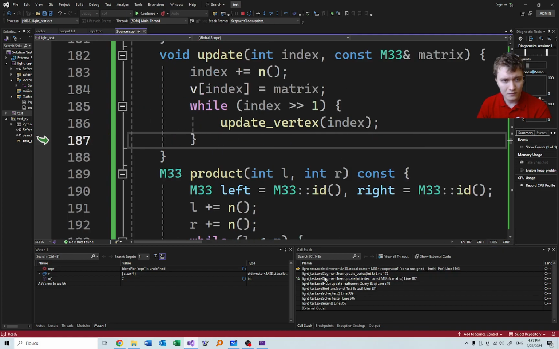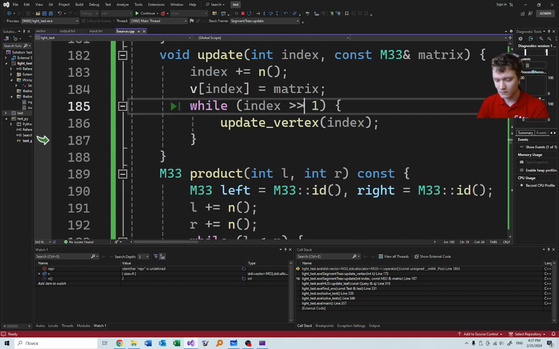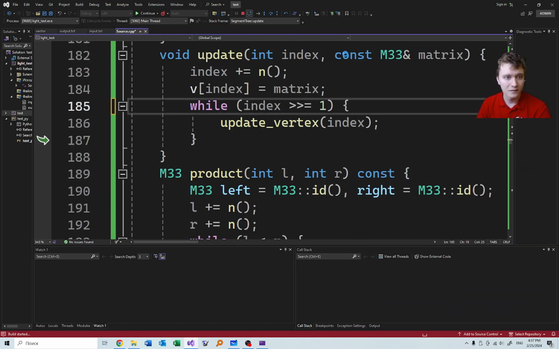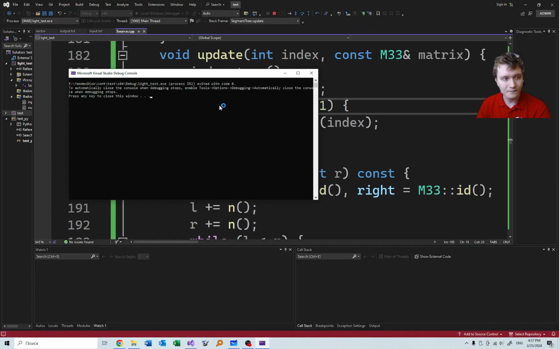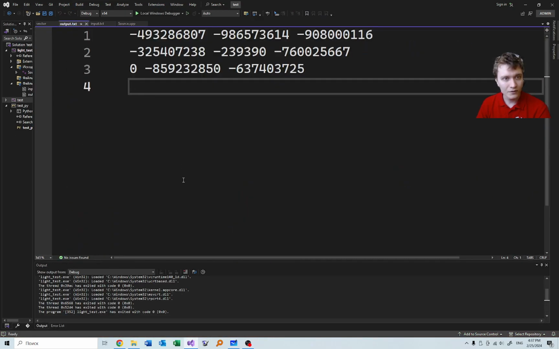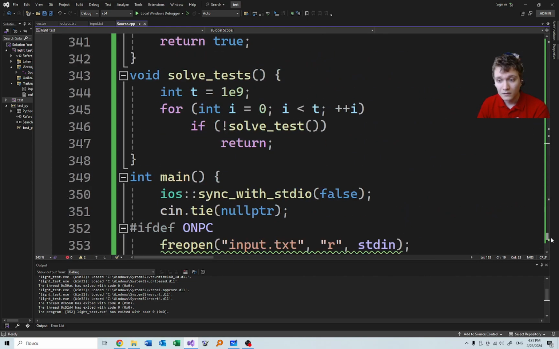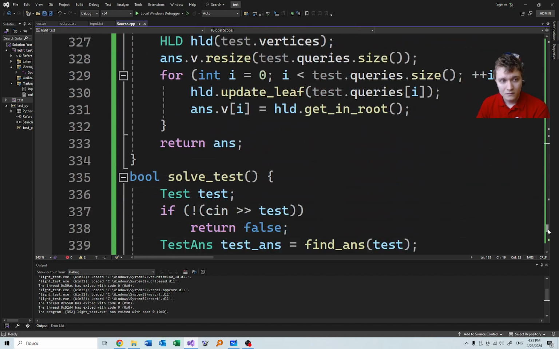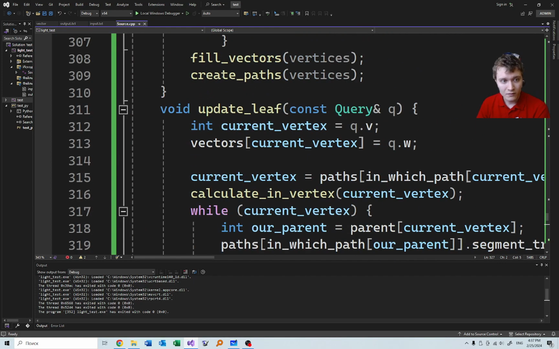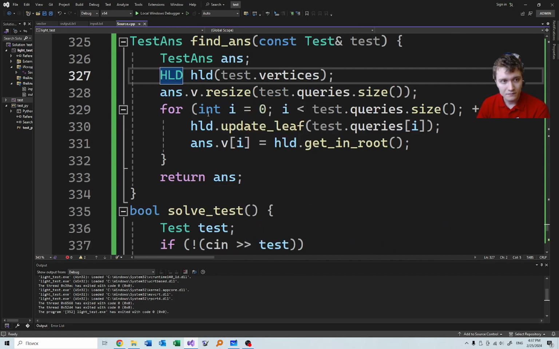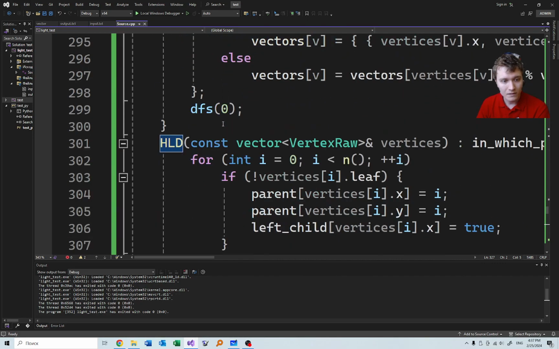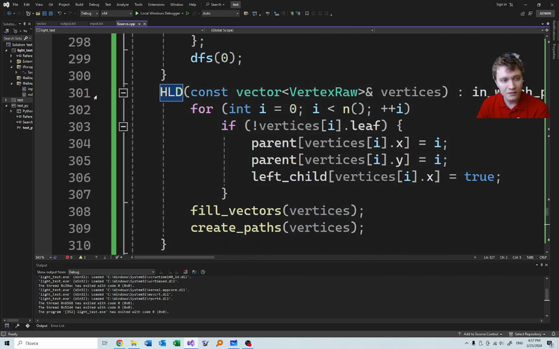Yes. Easy bug. It worked, but still negative numbers don't feel right, I think. Okay, let's look at our HLD. I think firstly we need to look in the constructor.